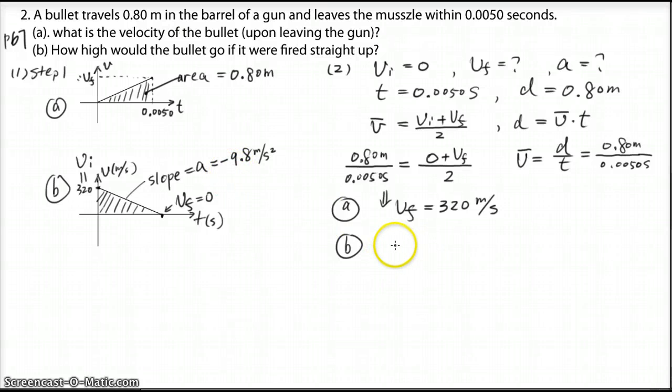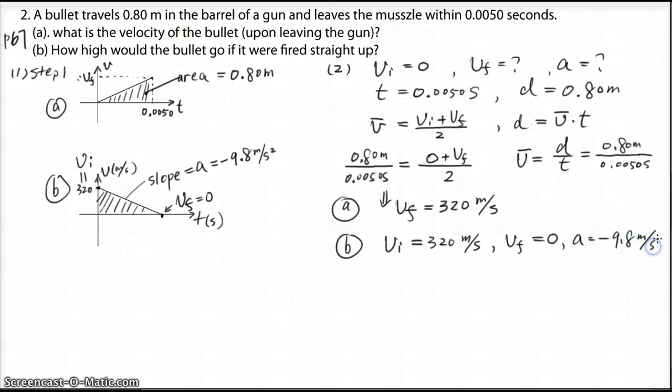Okay, so let's come back here and make a list of information. A lot of information is already labeled on the graph. Initial velocity is 320 meters per second, which is actually the final velocity from when the bullet was inside the gun. The final velocity we also know is 0, and acceleration equals negative 9.8 meters per second squared.